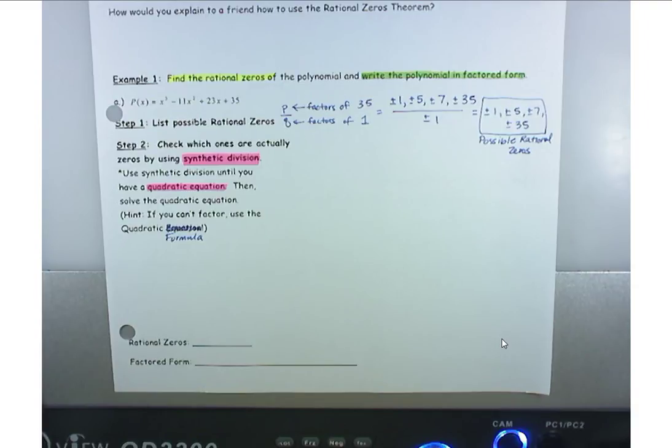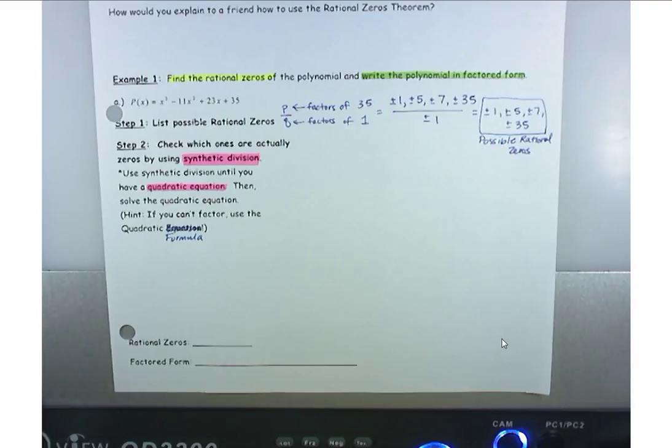How do I know, using synthetic division, when I have found a zero? When the remainder is 0. So if the remainder is 0, we know that that's a factor, so we know that it's going to be a 0. So what I like to do, I like to be very systematic. I check 1, then I check negative 1, then I check 5, then I check negative 5 until I find one.